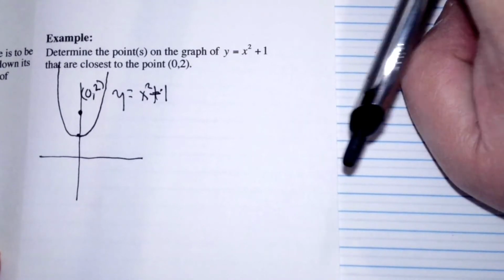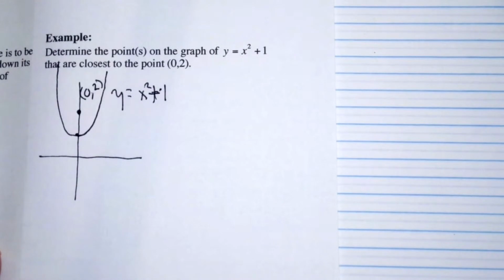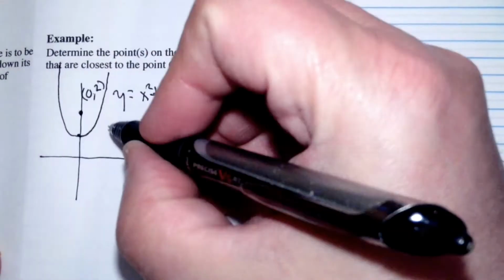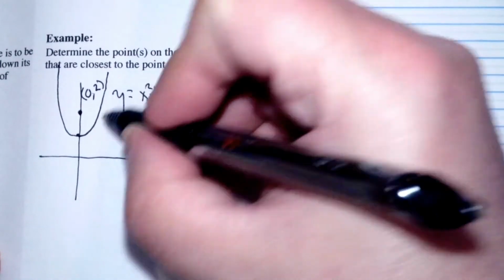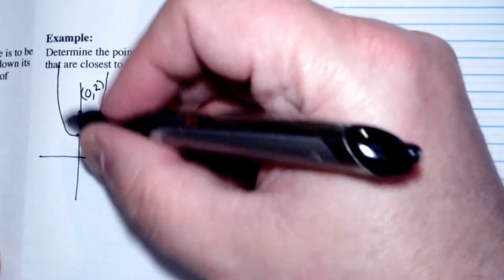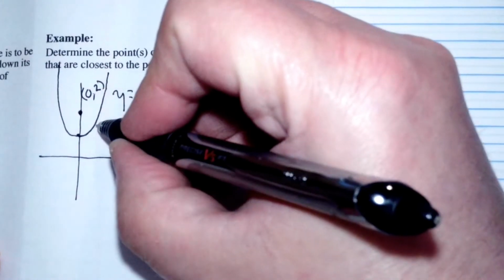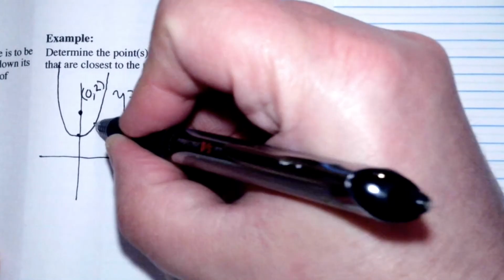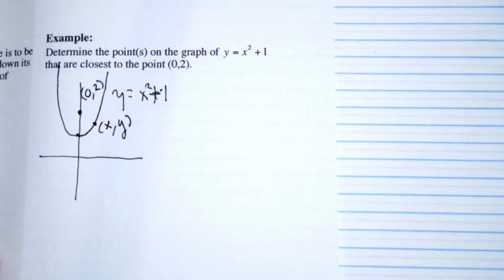So we're supposed to be finding the point (x, y), or maybe more than one. There may be more than one point, but we're supposed to be finding points (x, y) on the graph of y equals x squared plus 1 that are closest to (0, 2). So I'm just going to put in an arbitrary point with coordinates x and y.